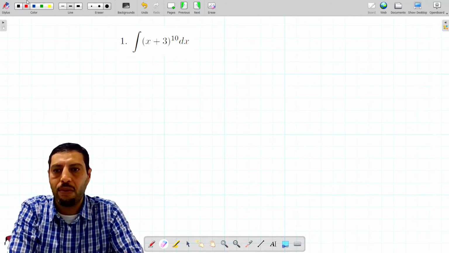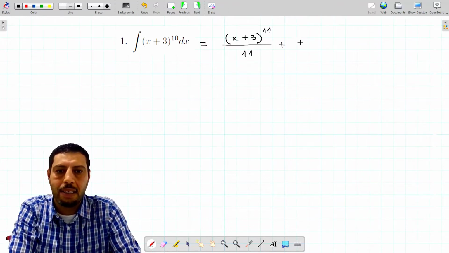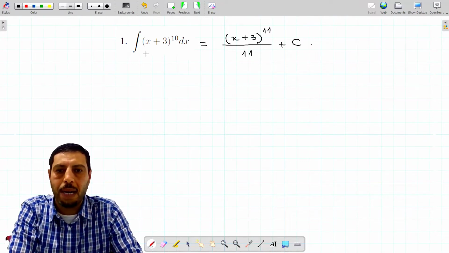So my integral here will be equal to x plus 3 to the power of 11, n plus 1, over n plus 1, which is 11, plus a constant c. Okay? By setting u of x equals x plus 3 and n equals 10.